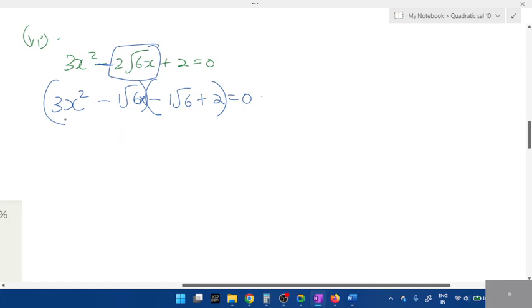If you group it, see this root question.